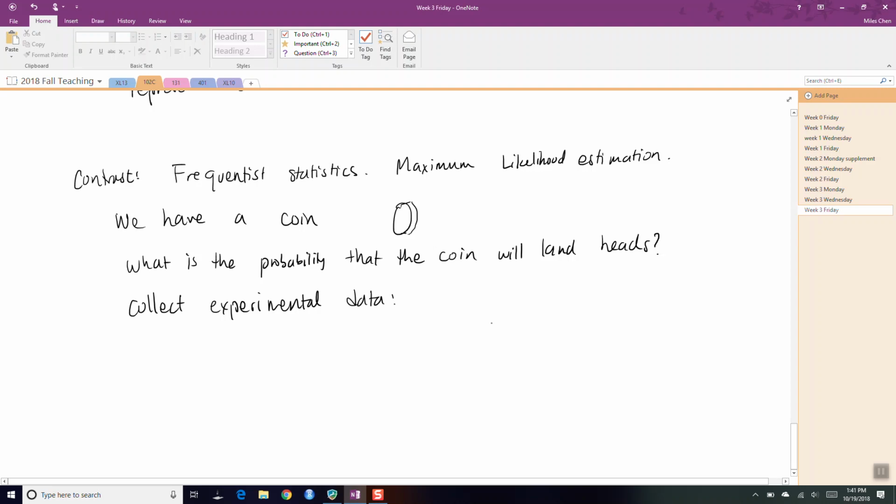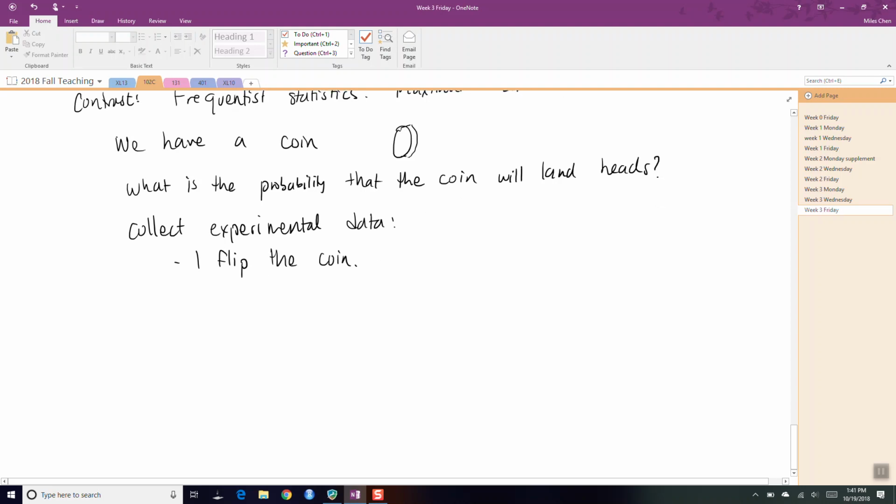With a coin, I flip the coin. How many times should I flip it? Let's say it's really expensive to get access to this coin, so we're only going to flip the coin 10 times. That's basically 10 Bernoulli trials.